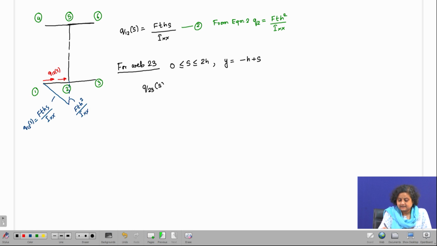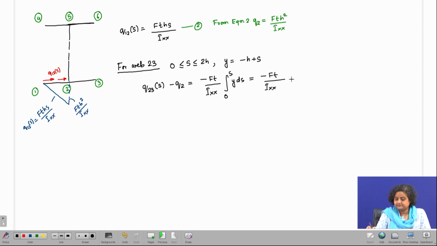Q23s minus Q2 is going to be minus Ft by I x x into minus h plus s into ds.